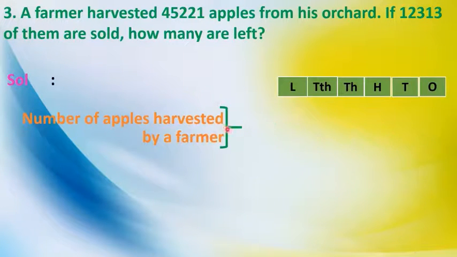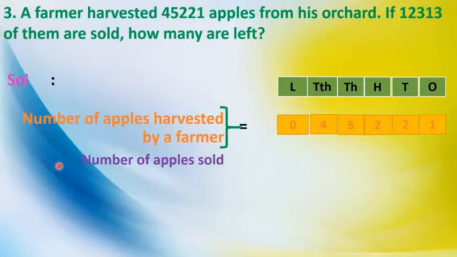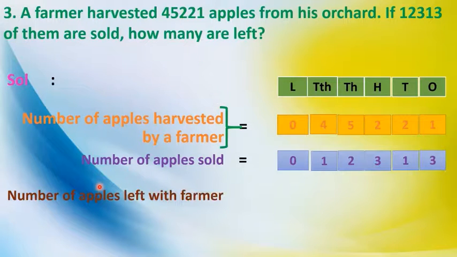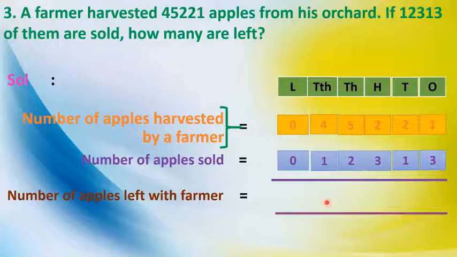Number of apples harvested by a farmer is equal to 45,221, and number of apples sold by him is equal to 12,313. Now, number of apples left with the farmer is equal to, left means we have to subtract.